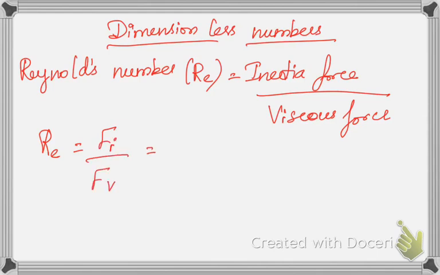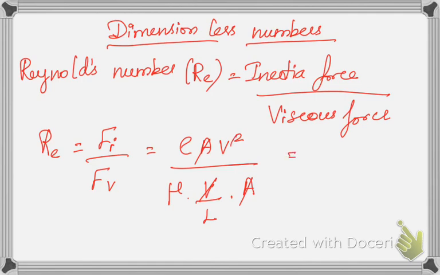We know that inertia force is rho A V square and viscous force is mu into V by L into A. So A and A will get cancelled and you can cancel one V. I will be having L, since it is in the denominator, it will go to the numerator: rho L V by mu.